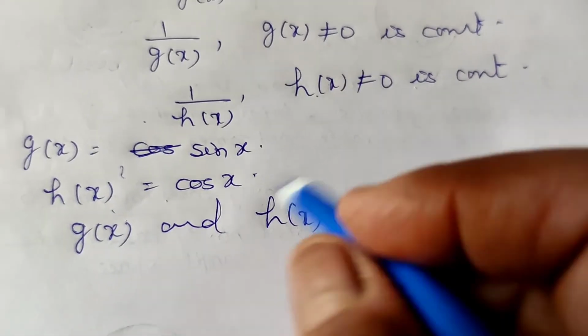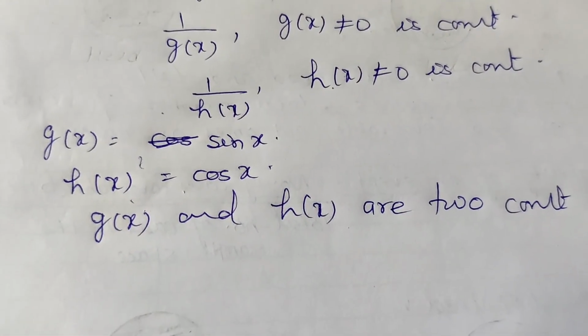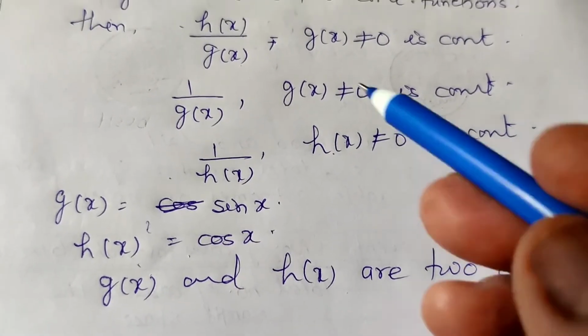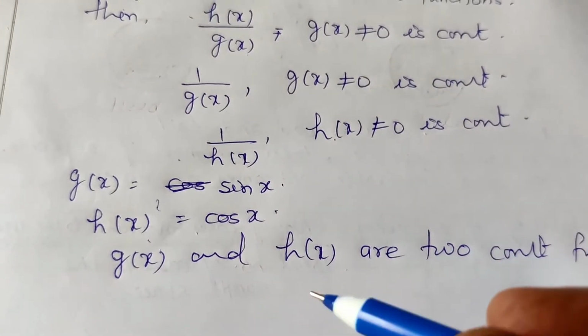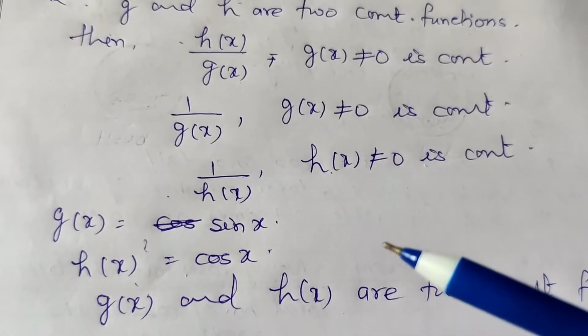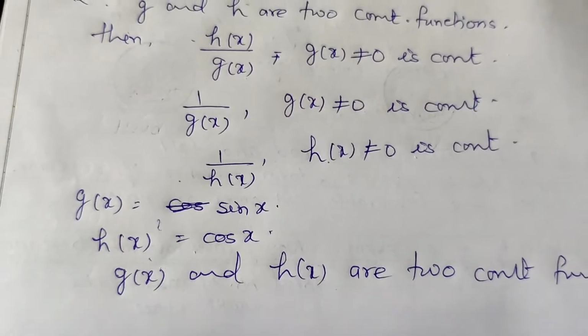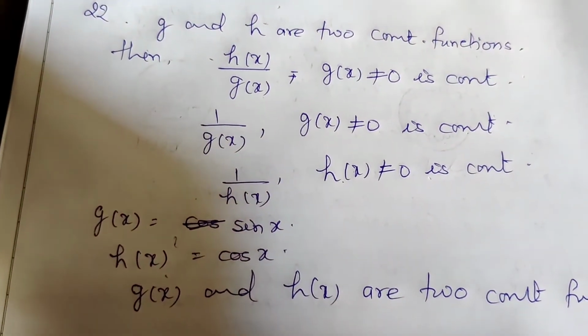We have already proved this in question number 21. Now come to the point. The first is we have to prove that cosec, sec and cot are continuous.